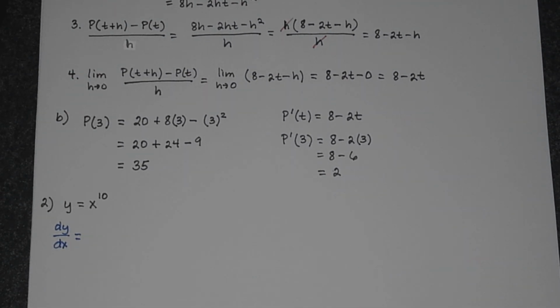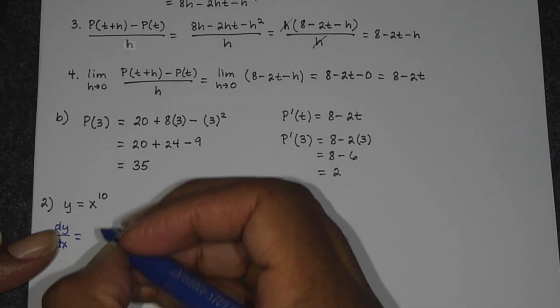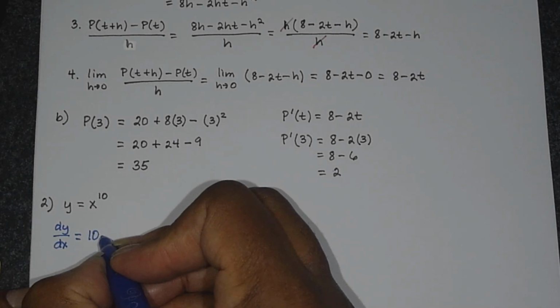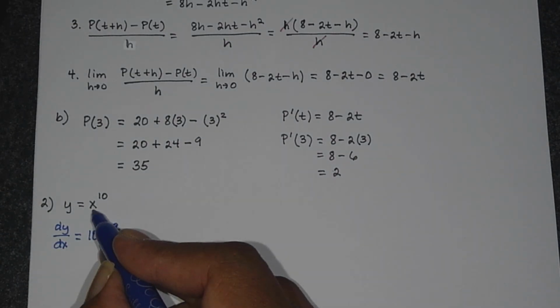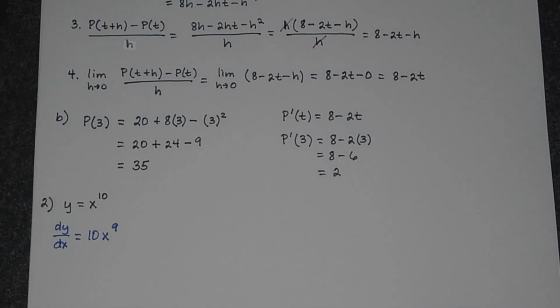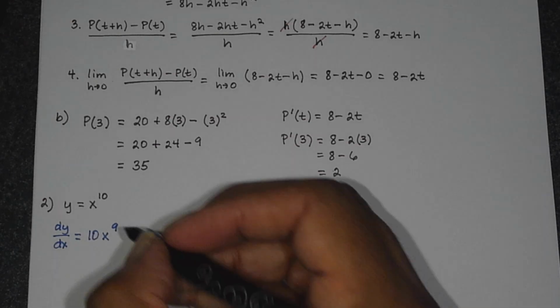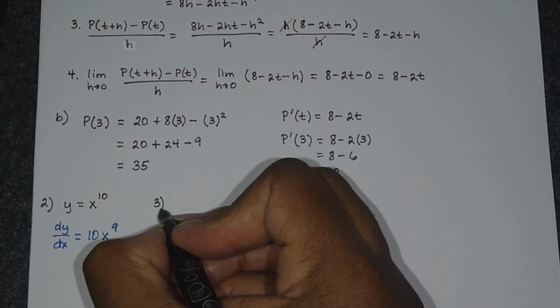Here we have to use the power rule by bringing the power down, copying the variable over to the one less power. So what would be the derivative with respect to x of x to the 10th power? 10 x to what power? 9. Bring the 10 down, copy the x over to the one less power. 10 minus 1, that's 9. That's all there is to it. That's the answer.